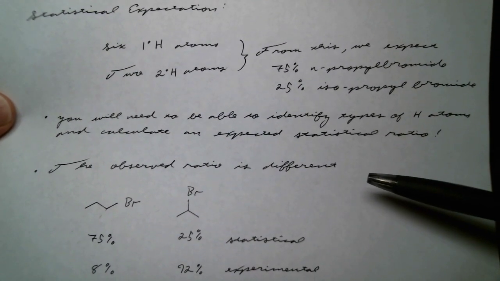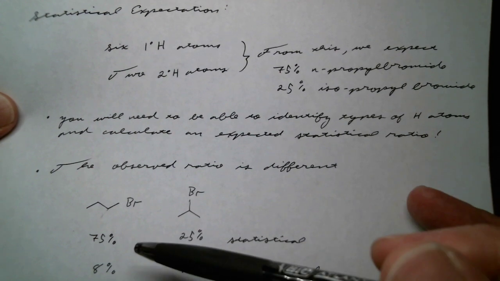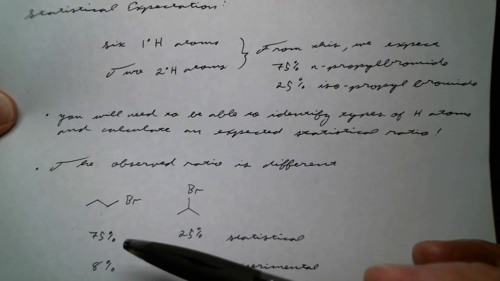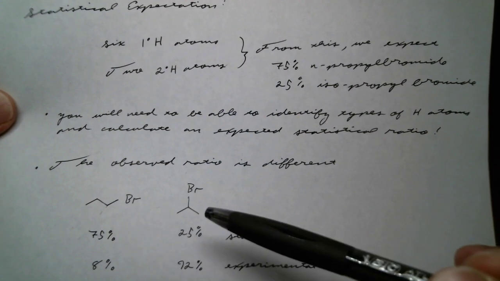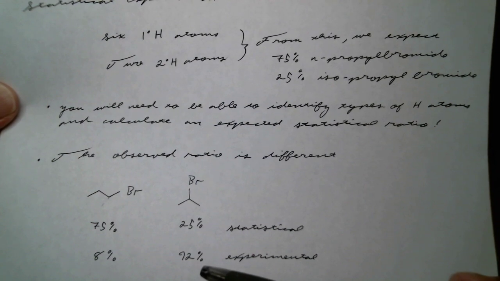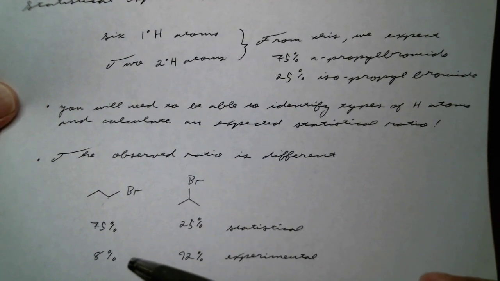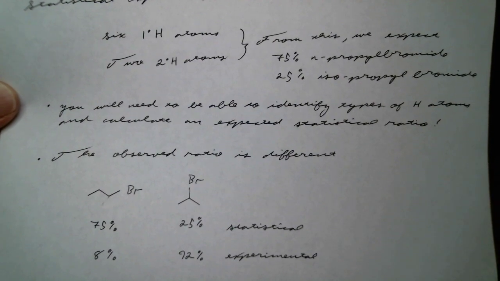So, the observed ratio experimentally is very different from our statistical ratio. As we said, we expected from pure statistics 75% of 1-bromopropane and 25% of 2-bromopropane. Experimentally, wow, we get 92% of 2-bromopropane and only 8% of 1-bromopropane. So what's going on?